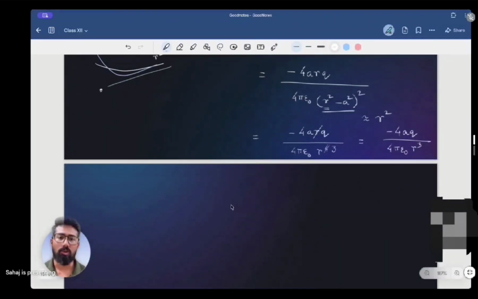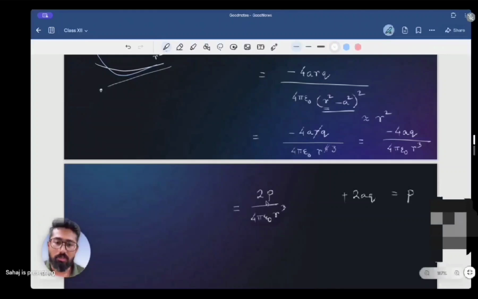Now, conventionally, we call this 4aq factor, you take 2aq, plus 2aq, you call this the dipole moment p. It's customary to write this so that your expression becomes 2p by 4 pi epsilon naught r cube.